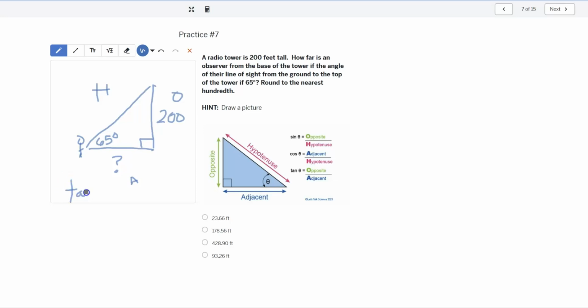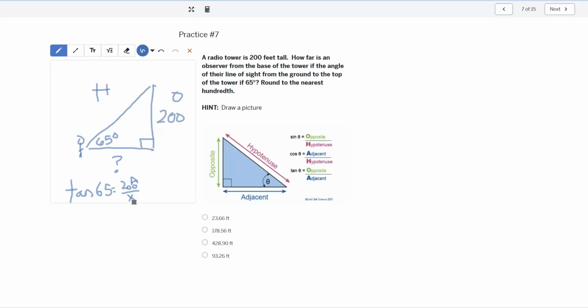So we have the tangent of 65 is equal to, now again, got to keep that ratio in mind, opposite over adjacent. So we have 200 over x. I know a lot of students get confused about how do I know if x is top or bottom? Well, just draw it out, right? Whichever is the opposite and the adjacent, if x was my opposite, then it would have been on top.